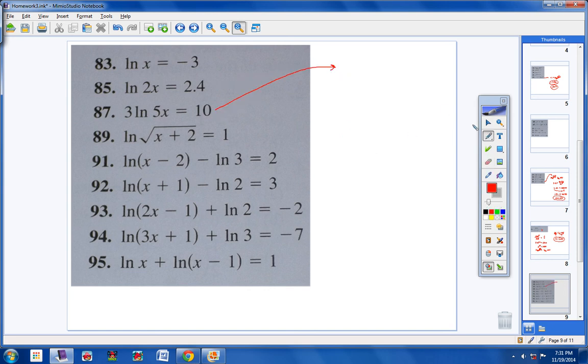Here we go. Okay, notice here the logarithm is not isolated. We had to divide both sides by 3. Okay? So natural log of 5x equals 10/3. Now the logarithm is isolated. The base is e. So 5x equals e to the 10/3 power. Divide both sides by 5.